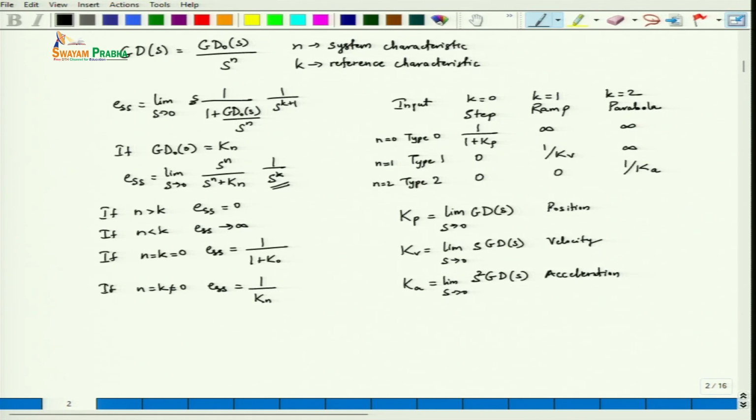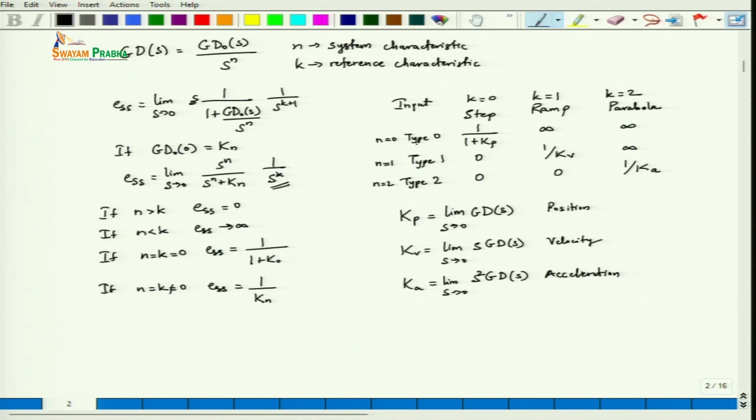So what does this whole thing tell us? For example, say we have a step input and we are giving it to a type 0 system. By type 0 we mean that the transfer function has g into d divided by s to the power 0, so there are no poles at the origin.